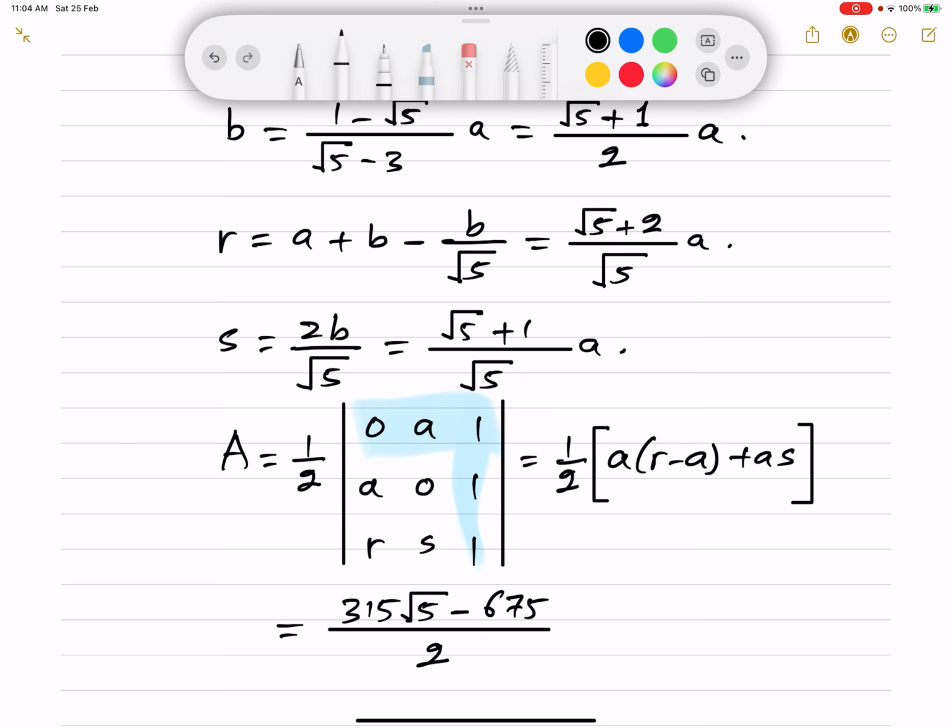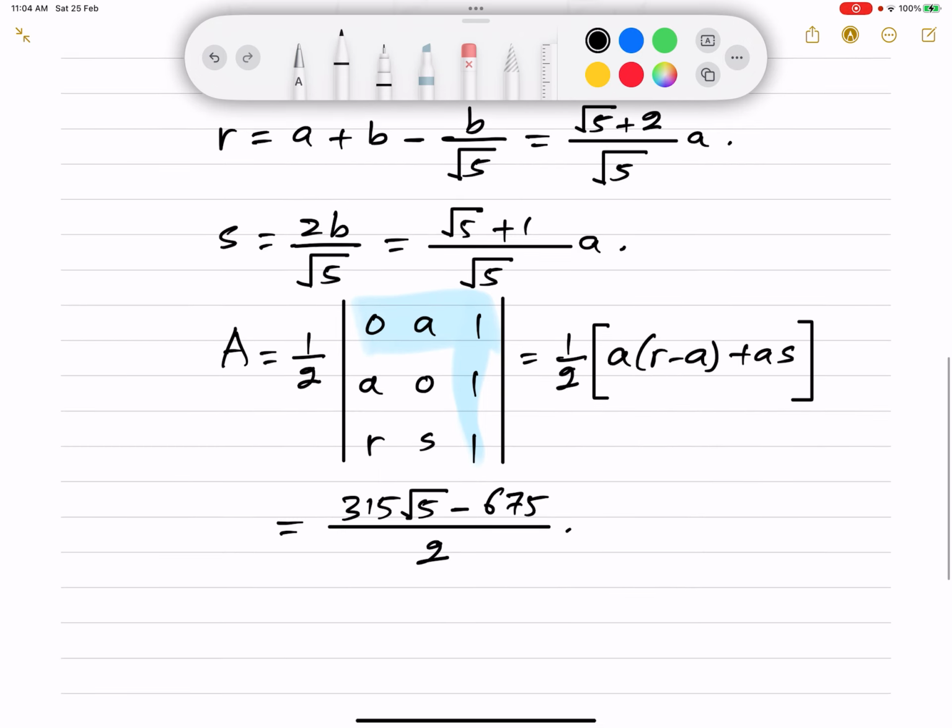Now of course we need to express both r and s in terms of a, so we have a function of a on the left hand side and a constant term on the right hand side, and from that we can find a. We can either solve it manually or use, for example, Wolfram Alpha, which would make it easy for us to calculate.